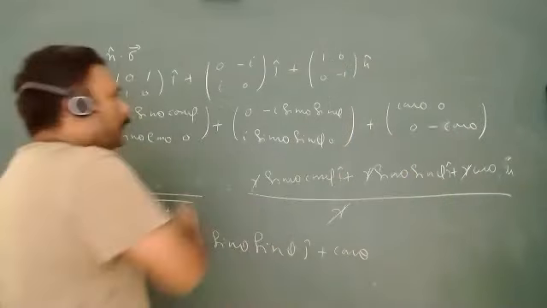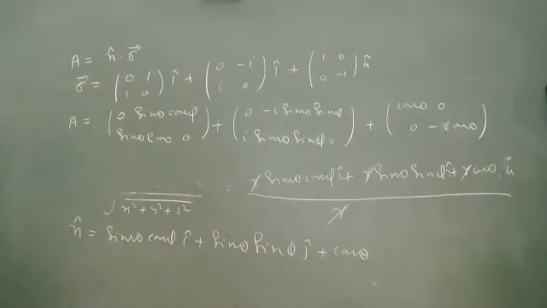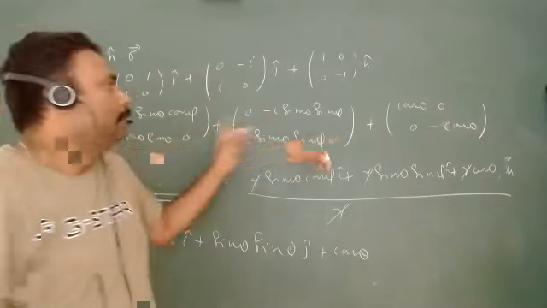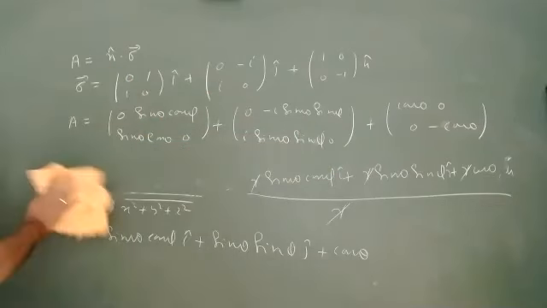This is very simple, but you need some patience to calculate all this. Now you can add it. i and i will be 1, j and j will be 1, k and k will be 1. So you get this operator A.